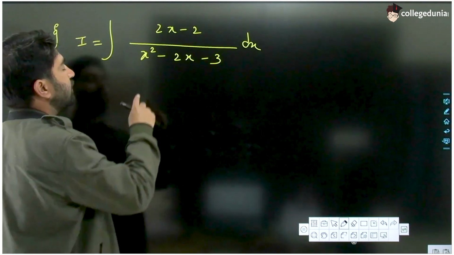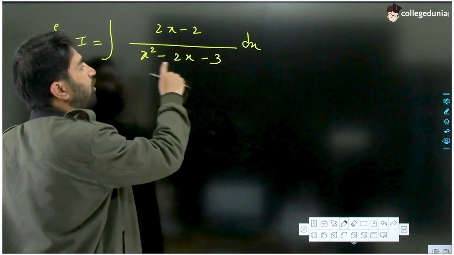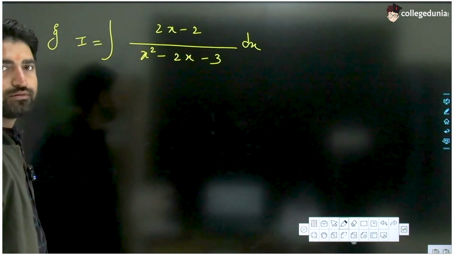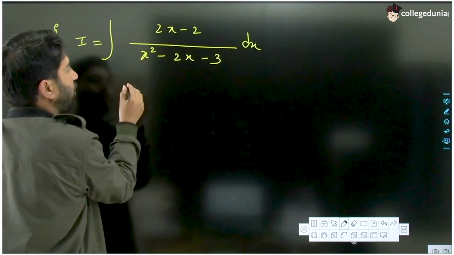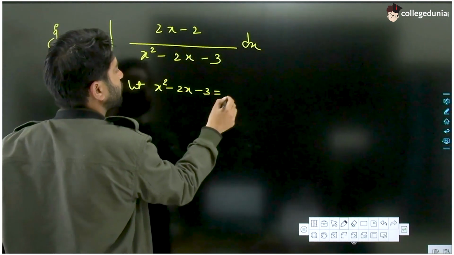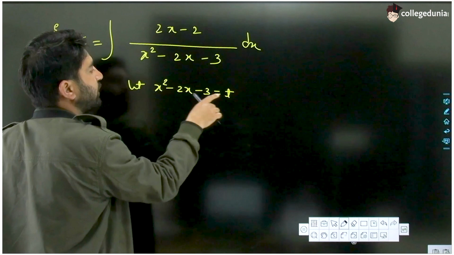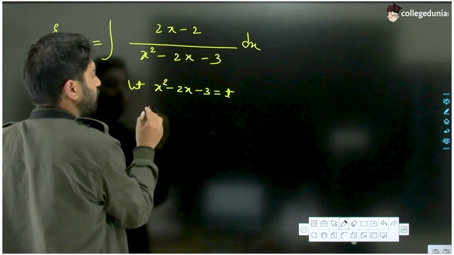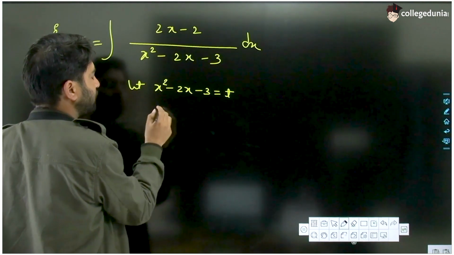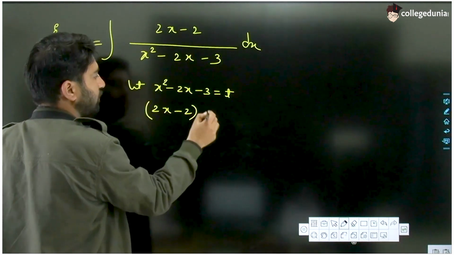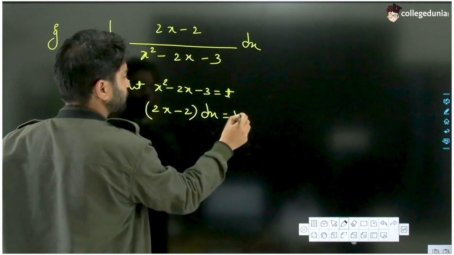क्लियरली यू कैन सी the derivative of this denominator is present in numerator, right? आप इस पूरे डिनोमिनेटर को ही टी लेट कर लो, एक्स स्क्वायर माइनस 2x माइनस 3 को ही टी लेट कर लो. सो इसको डिफरेंशिएट करेंगे, एक्स स्क्वायर का डेरिवेटिव ये बन जाएगा 2x, द डेरिवेटिव ऑफ 2x विल बी 2, dx equal to dt.